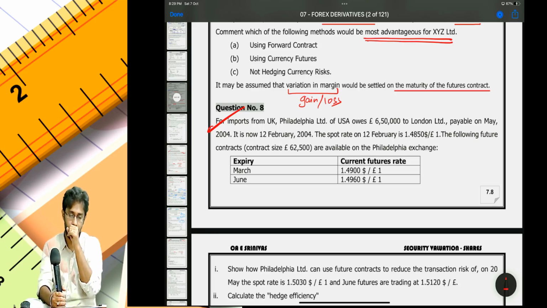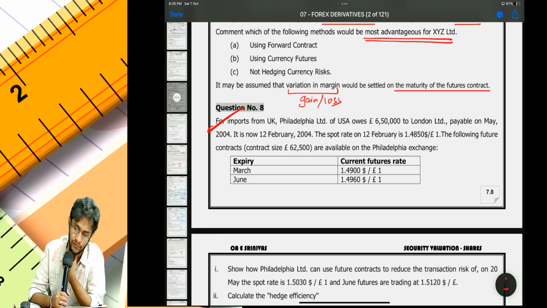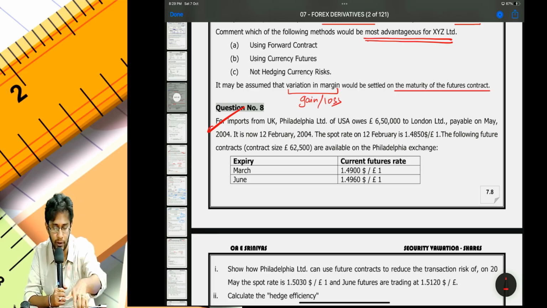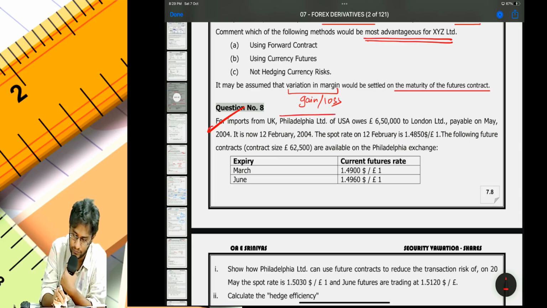For imports from UK, Philadelphia Limited of USA owes pound 6,50,000 to London Limited payable in May 2004. Okay, that's quite deep. Understand, sir? You are Philadelphia Limited of USA.